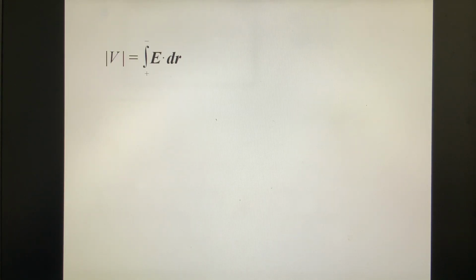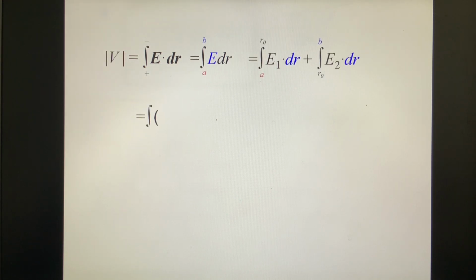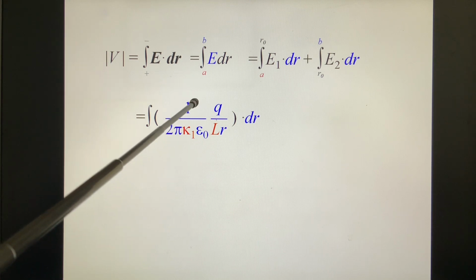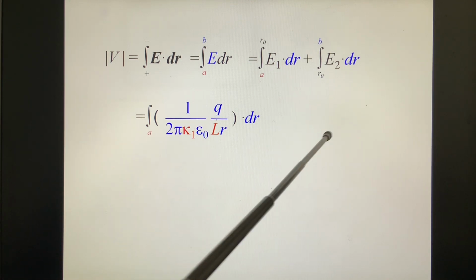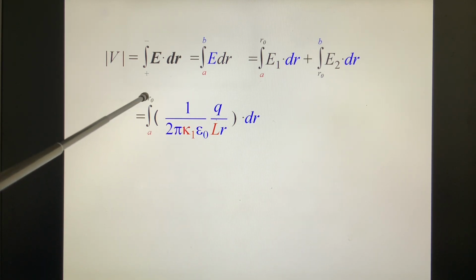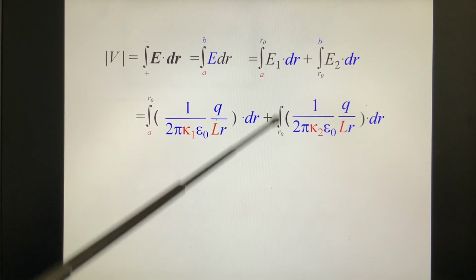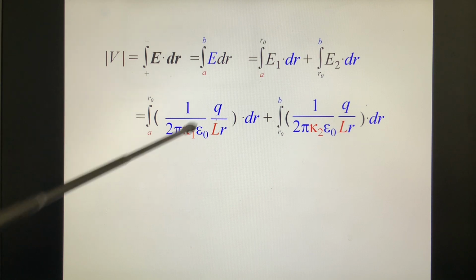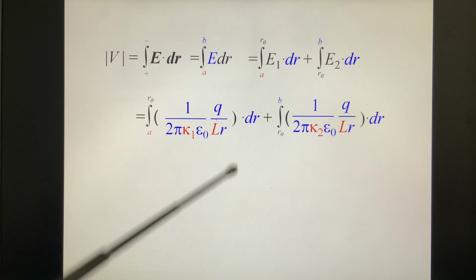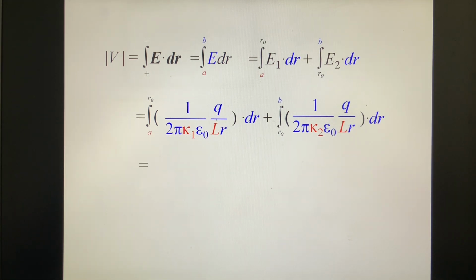Then we do the calculation. This is E1 from A to R0, and E2 from R0 to B. This is dr over r, a log. So we get this V very quickly, with two terms.